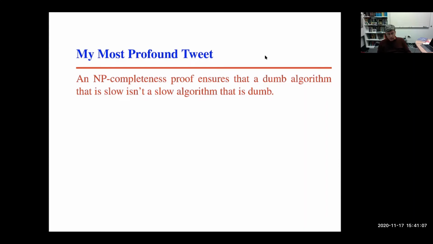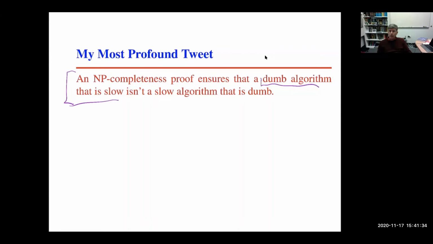But what was my tweet? I once said that an NP completeness proof ensures that a dumb algorithm that is slow isn't a slow algorithm that is dumb. Now, why does that mean something? Why do I feel profound about this? What is a dumb algorithm that is slow? A slow algorithm is only dumb when there is not a faster one.